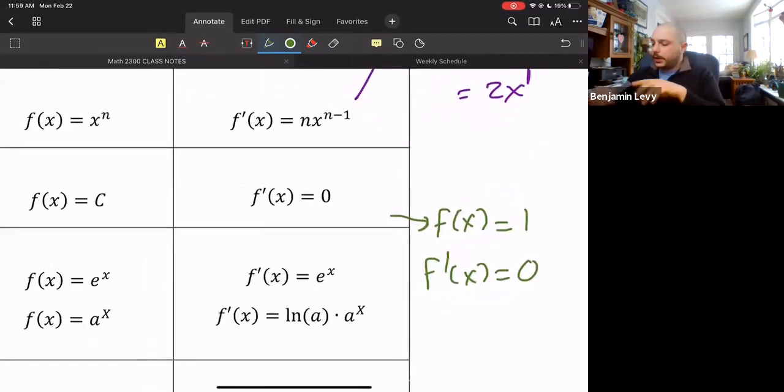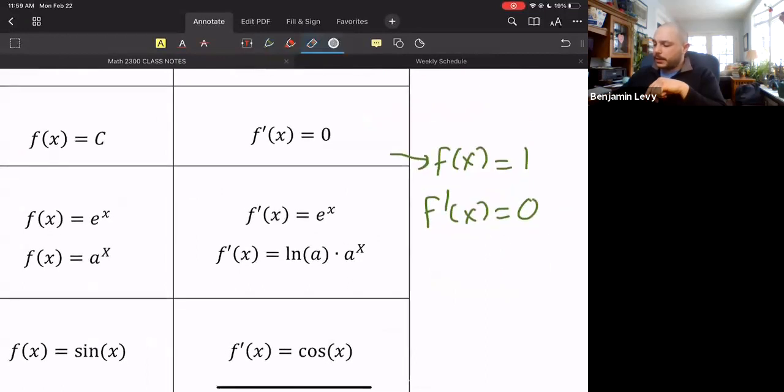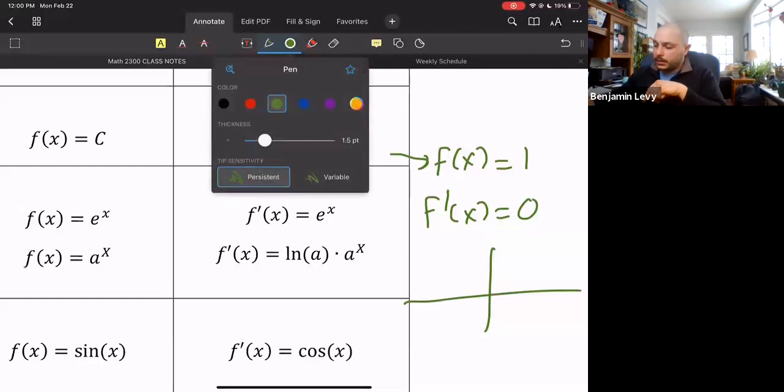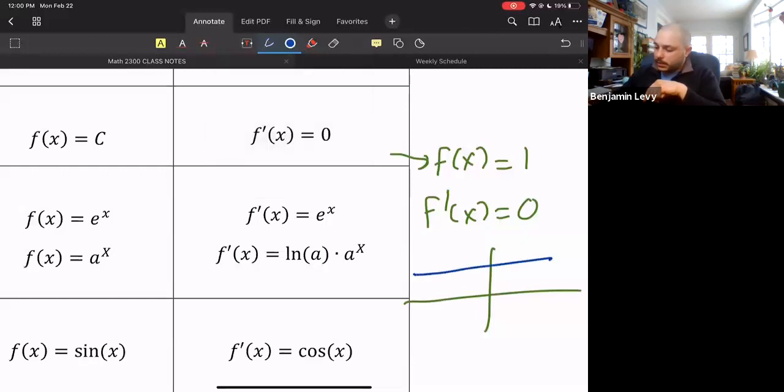And that should make sense if we think about this as the slope of the tangent line, right? A constant function is just a horizontal line. There's the function 1. The slope of that line is 0 everywhere. And so that's what this is telling us. If we have a horizontal line, the slope is 0.